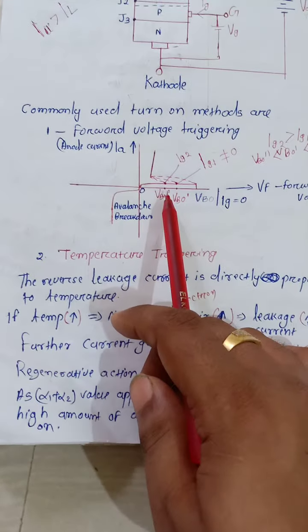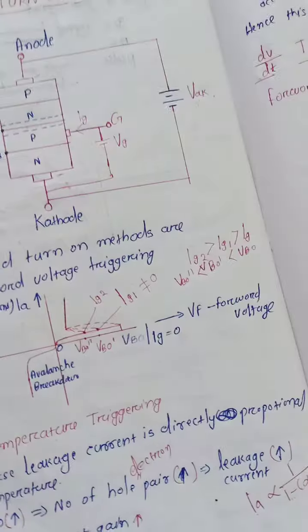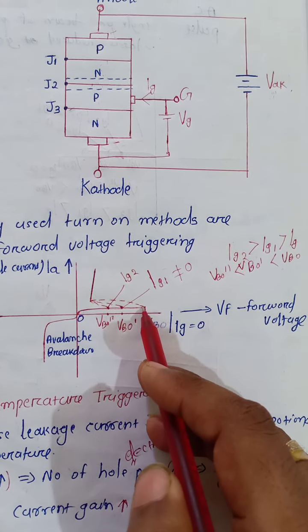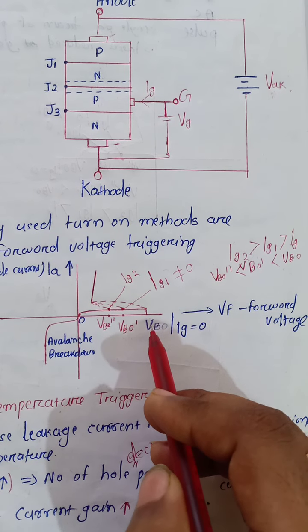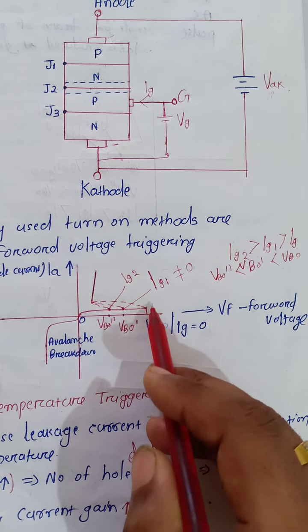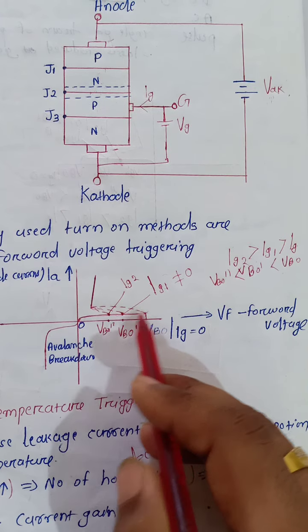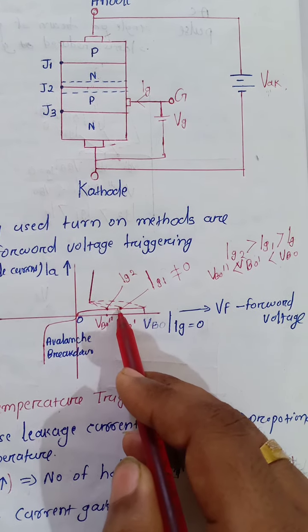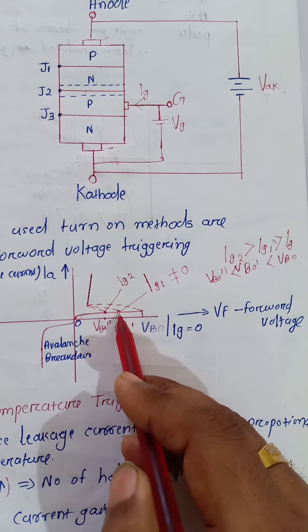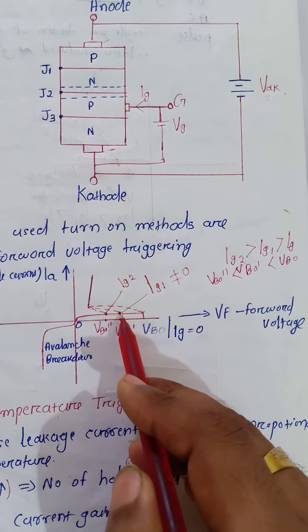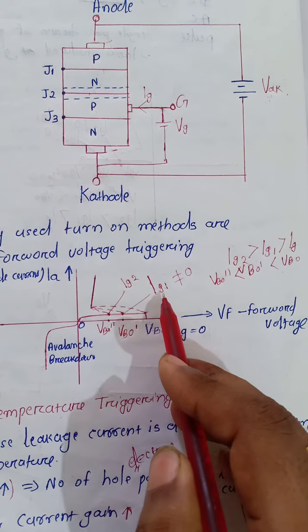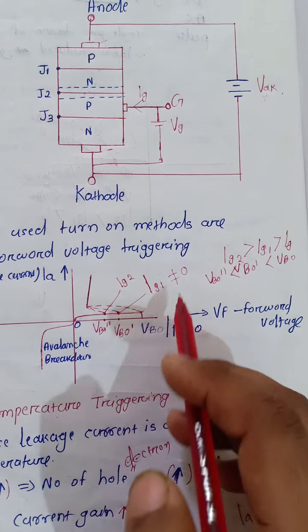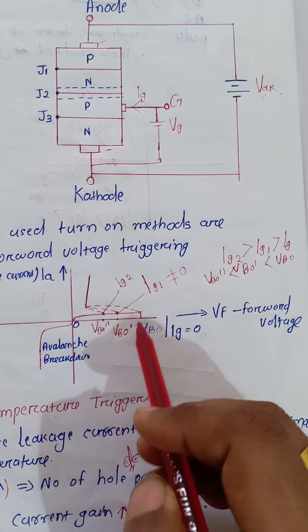This is the forward biasing characteristic. Initially Ig is equal to 0, so breakdown occurs at a voltage equal to the forward breakover voltage. This is the leakage current graph. Now at a voltage less than the breakover voltage, I apply a certain amount of gate current, not equal to 0 and greater than the initial Ig value.